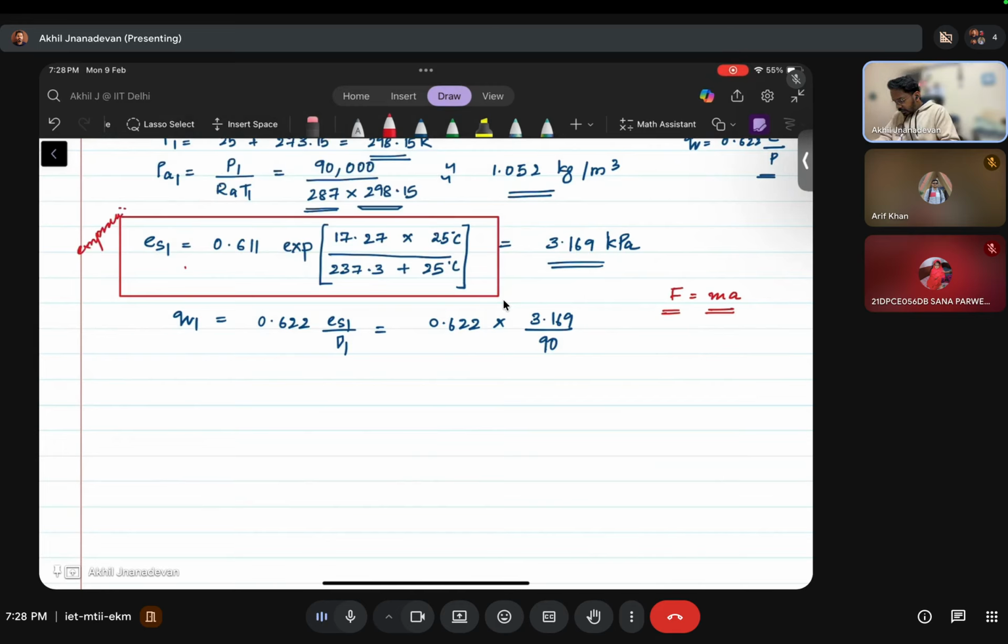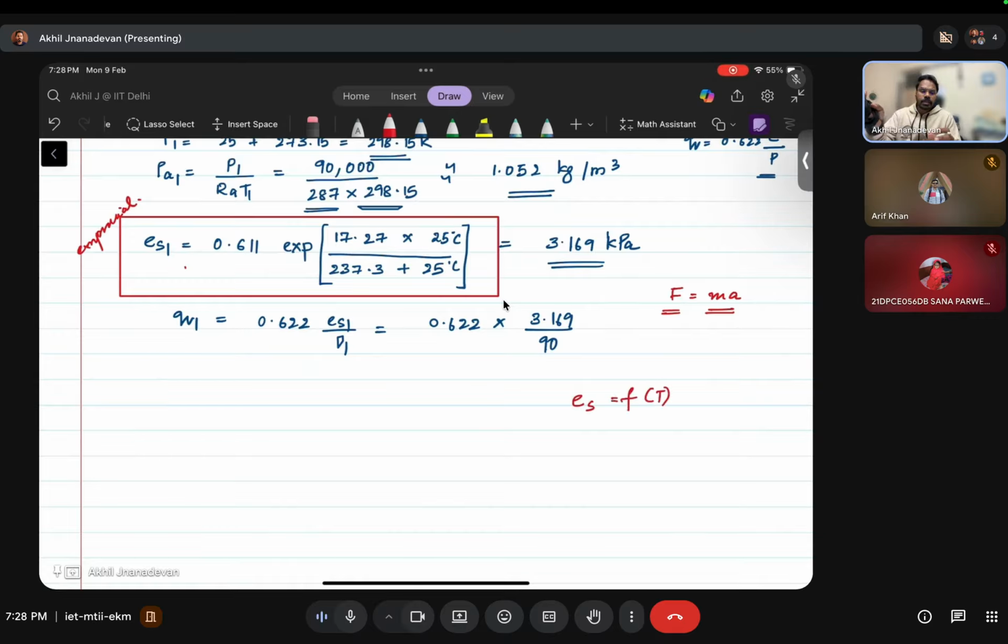What do we mean by an empirical equation? Here is how we derive one. The researcher who derived this equation wanted to find a relation between ES as a function of temperature.